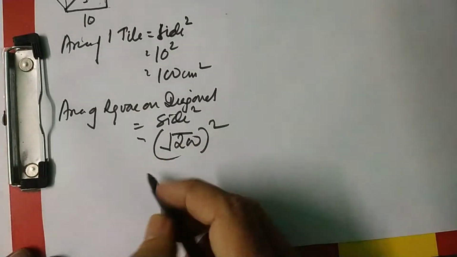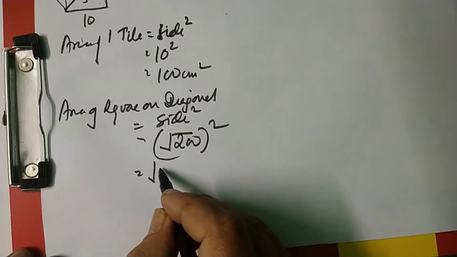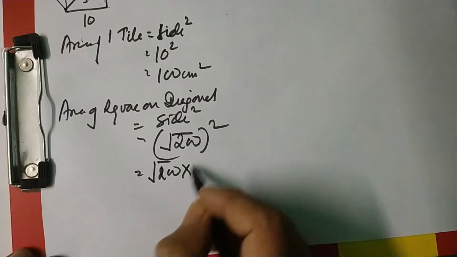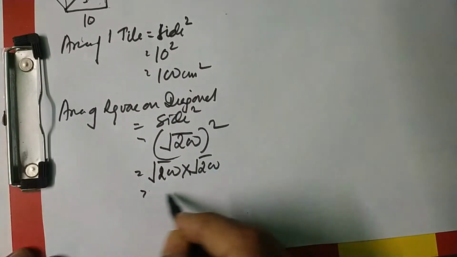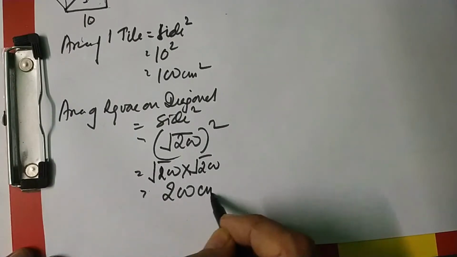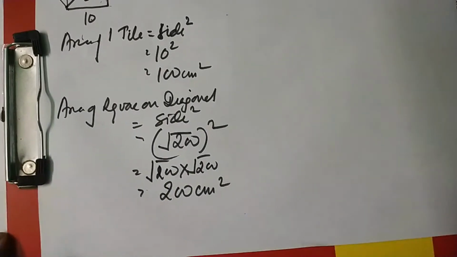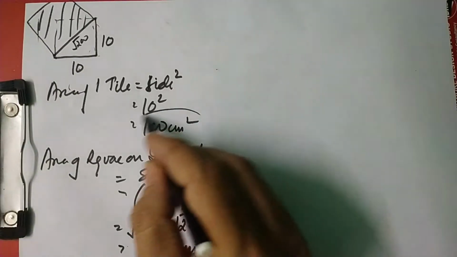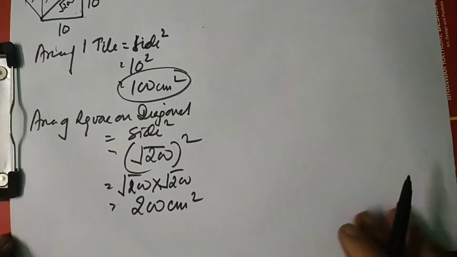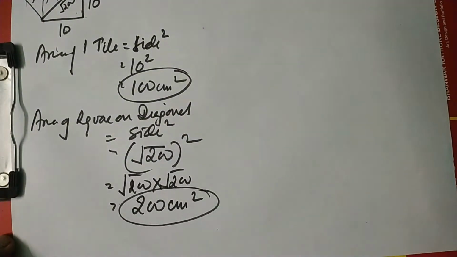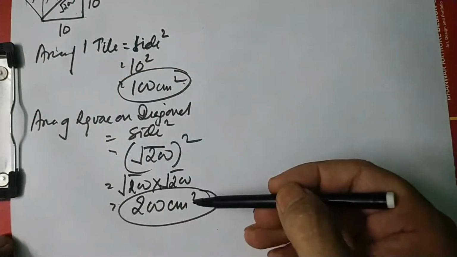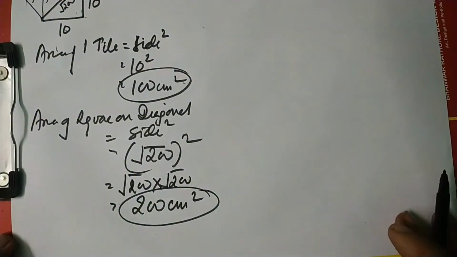So under root of 200 square is under root of 200 into under root of 200, it is 200 centimeter square. Now we have got two areas, the area of the tile and the area of the big square. How many tiles can fit inside this square?